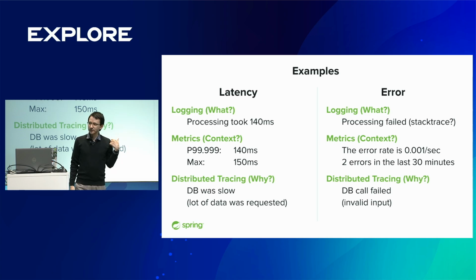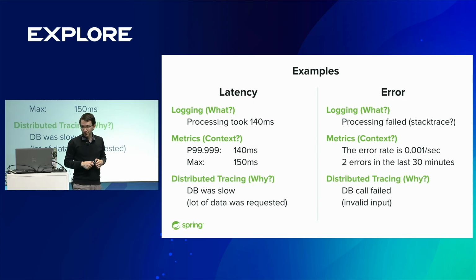So distributed tracing can answer that question. It can say that, hey, your application called another one, that application called a database, and the database was slow. 90% of the time was spent on the database query. And in some cases, it can also tell you that the database was slow because you requested a lot of data. Somebody forgot to implement pagination or whatever.